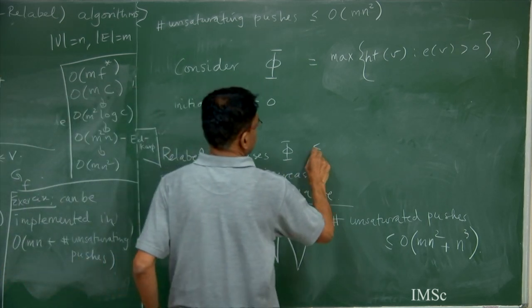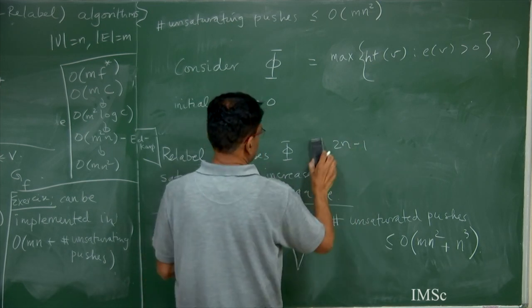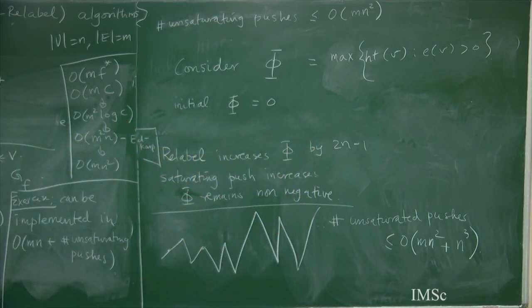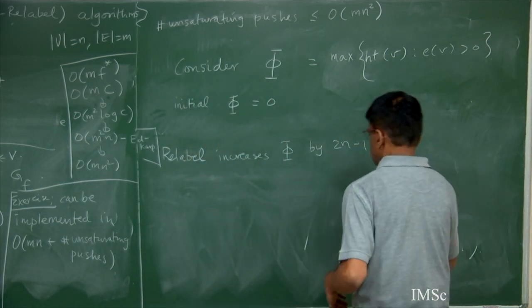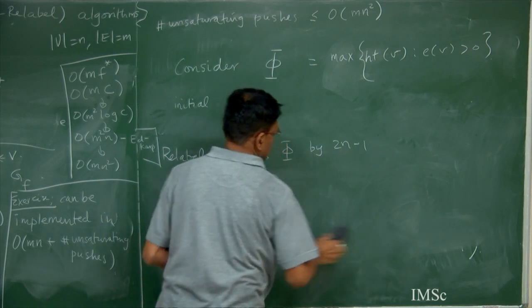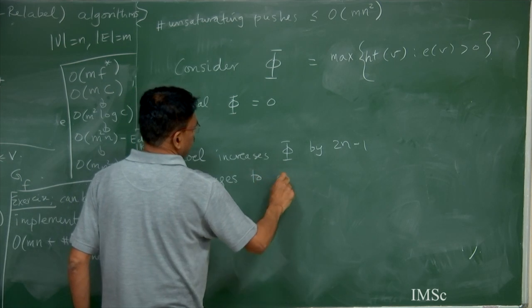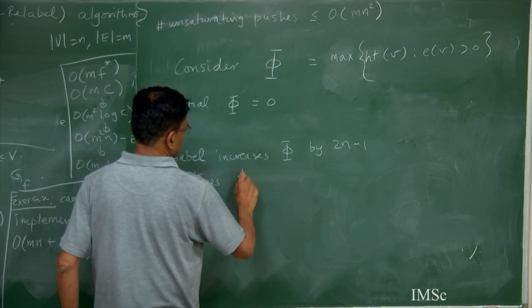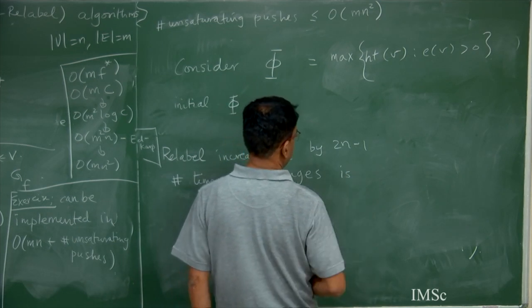Okay, a little bit slightly different argument. So the number of times phi changes is, I claim, order n cubed.